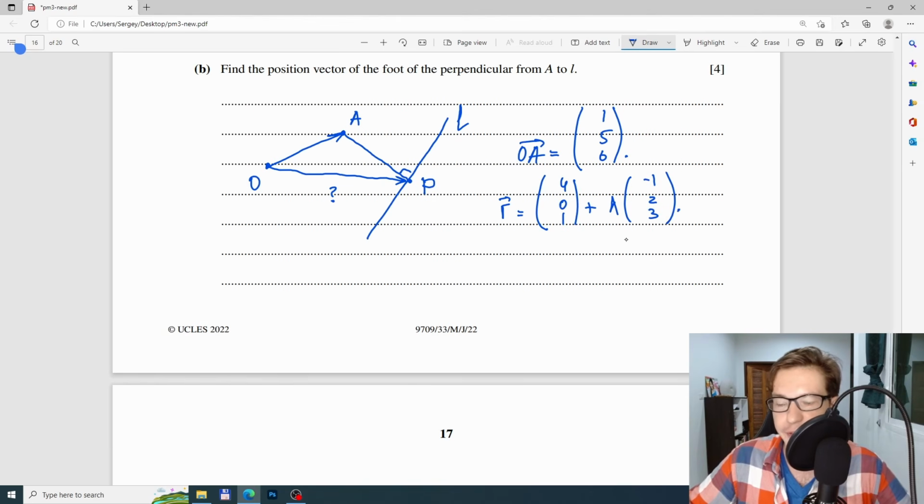Okay, so that means vector OP is going to be 4 minus lambda, then 0 plus 2 lambda, which is just 2 lambda, and then 1 plus 3 lambda.